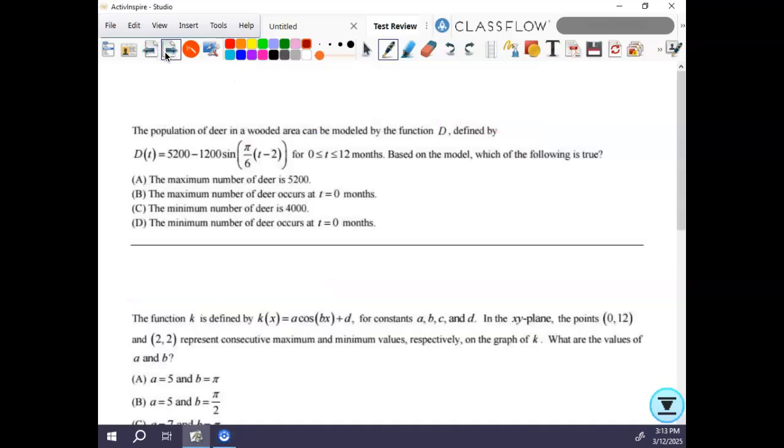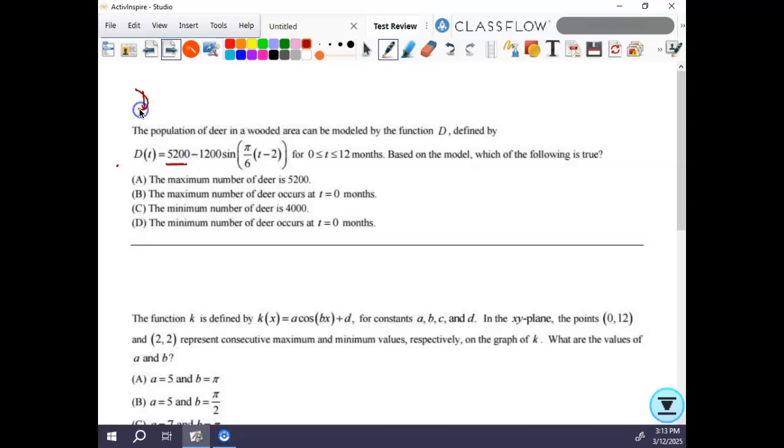All right, now we have the population of deer in a wooded area can be modeled by D, which is this function here. Based on the model, which of the following is true? Okay, so one thing that makes this look a little bit different, and sometimes that blows your little minds, is it is starting with this number.